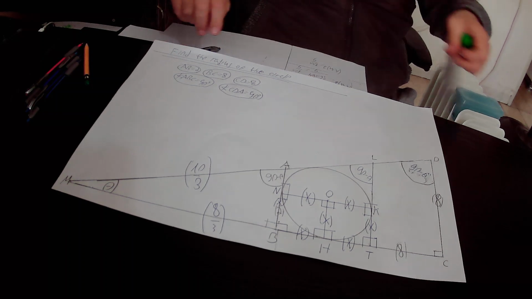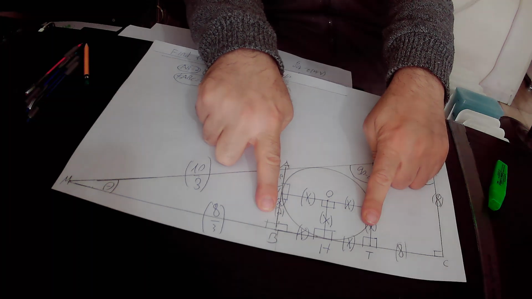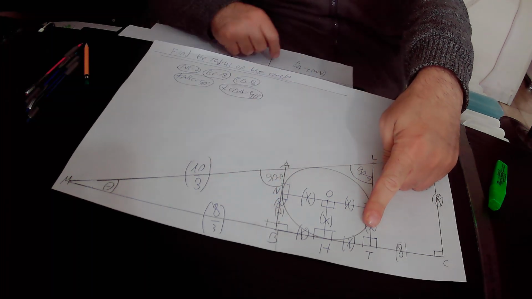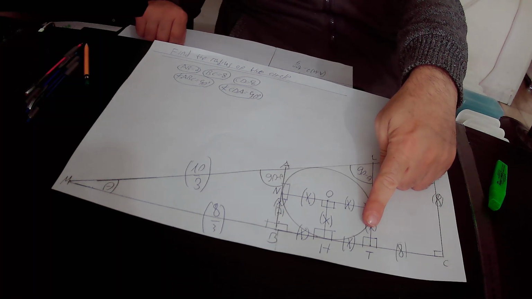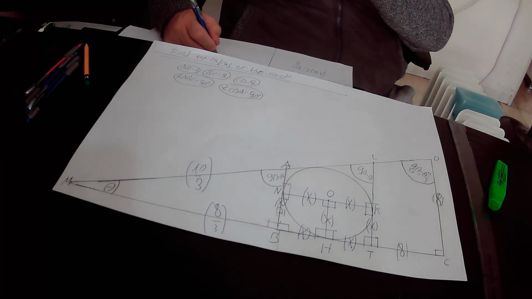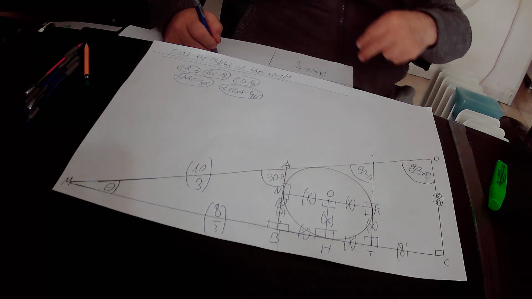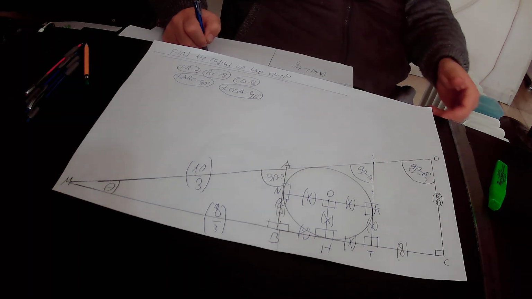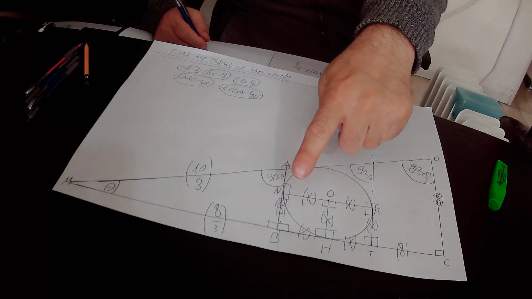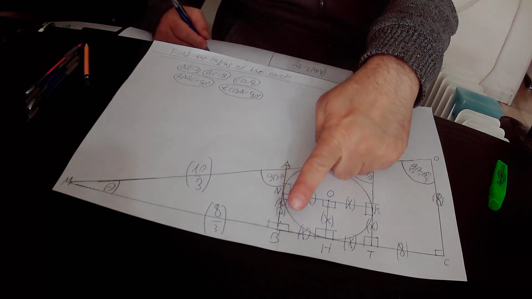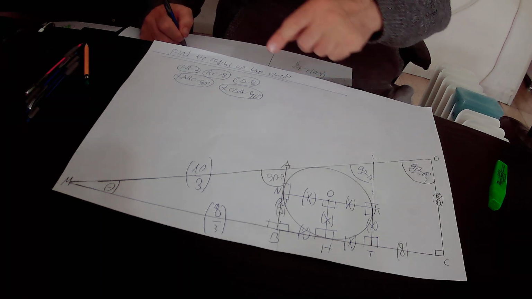So why are those two right triangles similar to each other? First of all, those two angles are both equal to 90 degrees, therefore they are equal to each other. This is actually angle LTM in the big right triangle LTM, and it is equal to this angle, that is actually angle ABM in the small right triangle MBA.